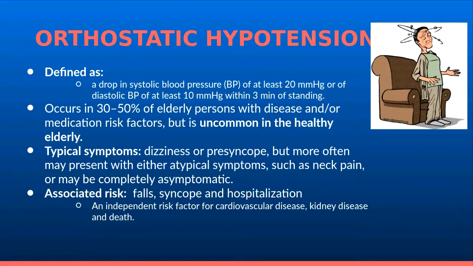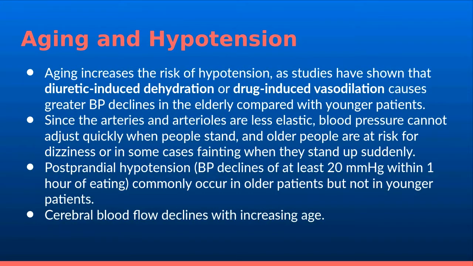This condition increases the risk of falls, syncope, and hospitalizations. Going on, we have aging and hypotension. Some mechanisms behind why older people have an increased risk of hypotension: studies have shown that diuretic-induced dehydration or drug-induced vasodilation causes greater blood pressure declines in elderly compared with younger patients.